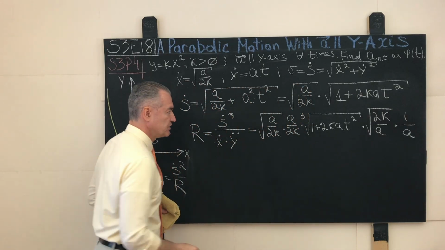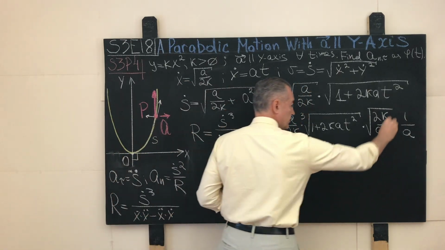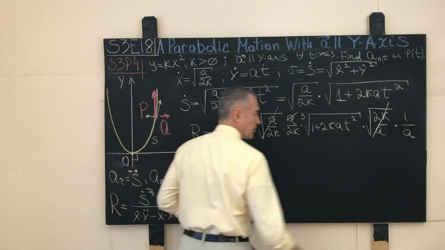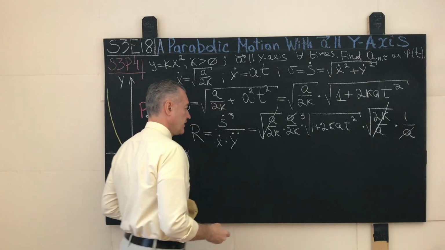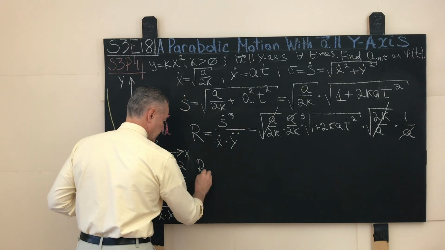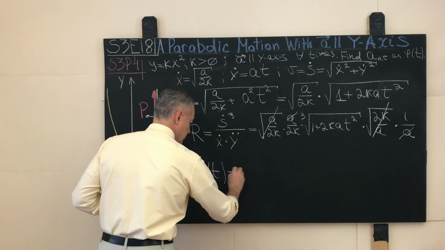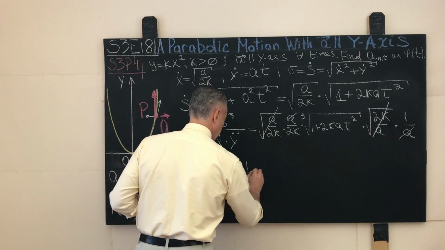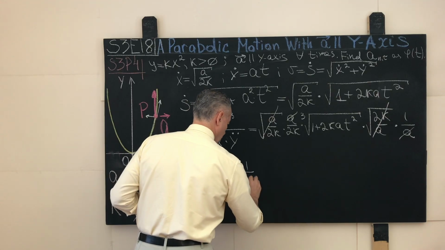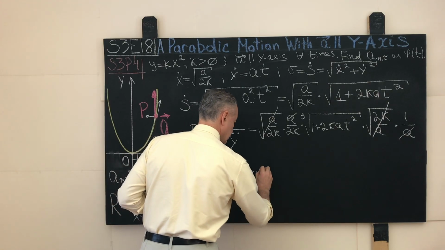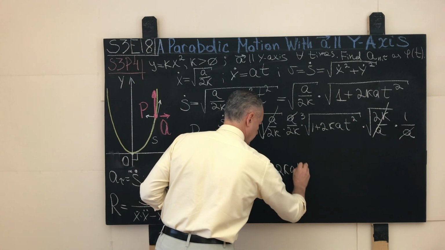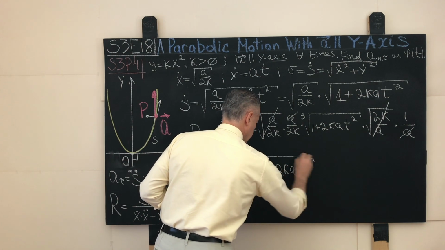And what do we see? The square root and the square root cancel out. One copy of a and one copy of a cancel out. And as a function of time, our radius of curvature emerges as the following expression: 1 over 2k times the cube root of 1 plus 2k a t squared.